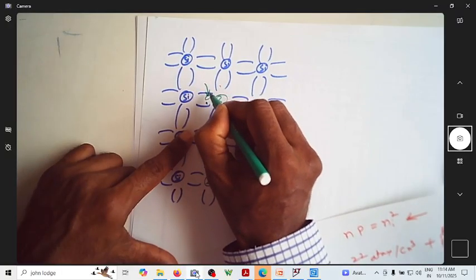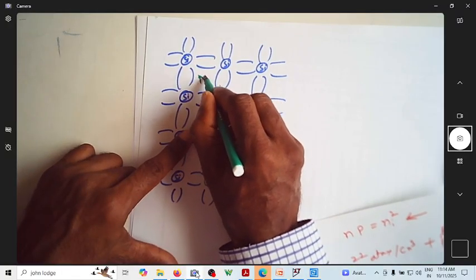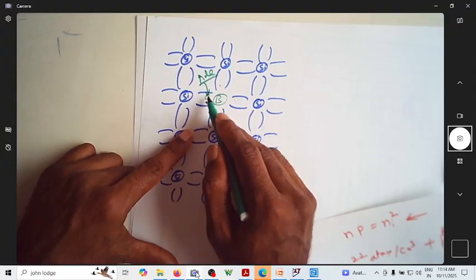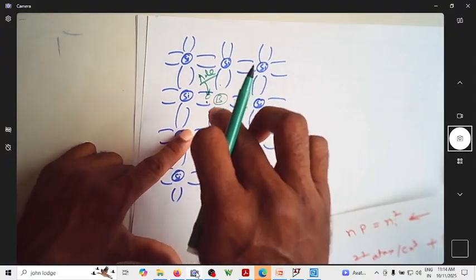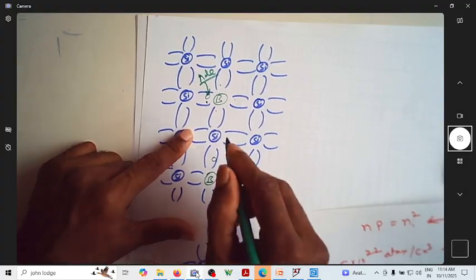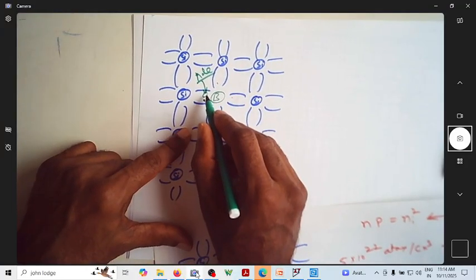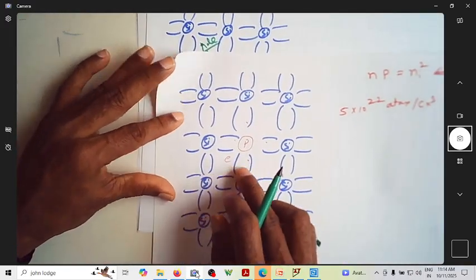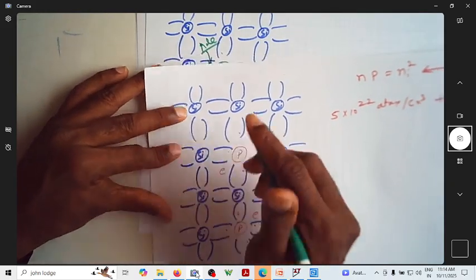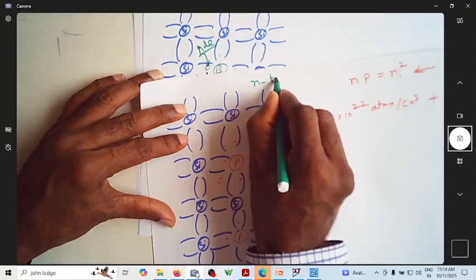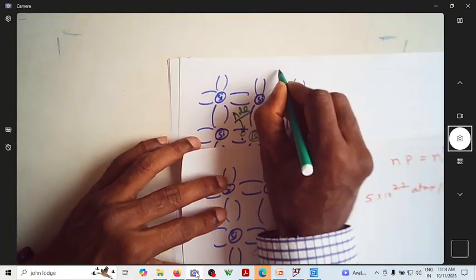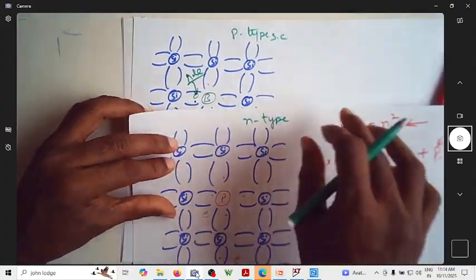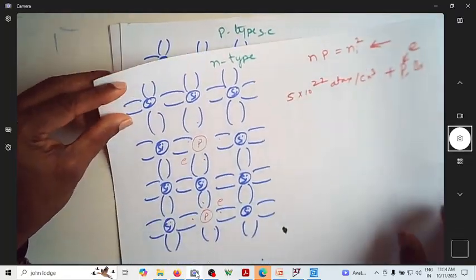So I have a vacancy, and this is the hole. Meaning every added trivalent will create a hole in this type of semiconductor. Here we have a hole whenever you add a trivalent, and an extra electron when we add a pentavalent. This is called N-type semiconductor, and this is called P-type semiconductor. Now these are extrinsic semiconductors.